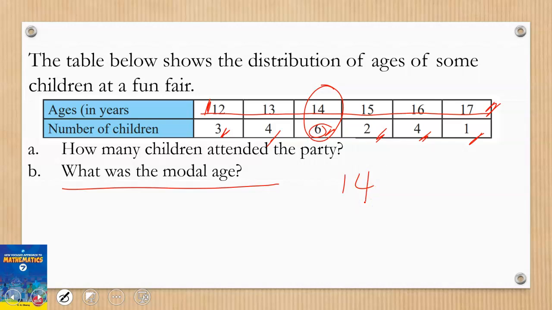So our modal age is 14 years. How many children attended the party? We can know that by just looking at it: 3 people were here, 4 people were here, 6 people were here, 2, 4, and 1. So 3 plus 4 making 7, plus 6 is 13, 15, 19, 20. So there were 20 children at the party, right?